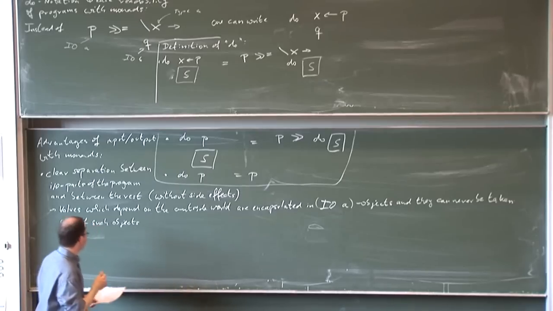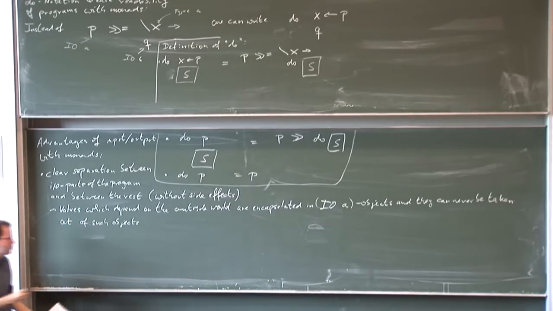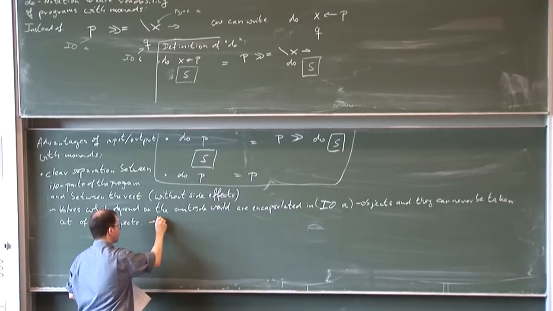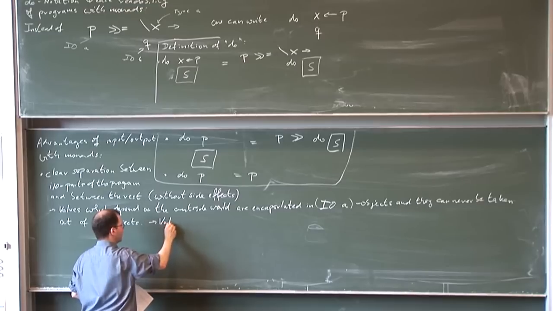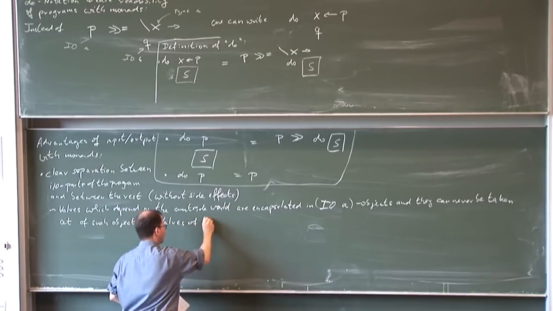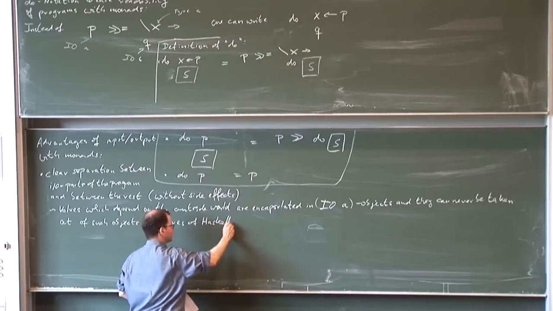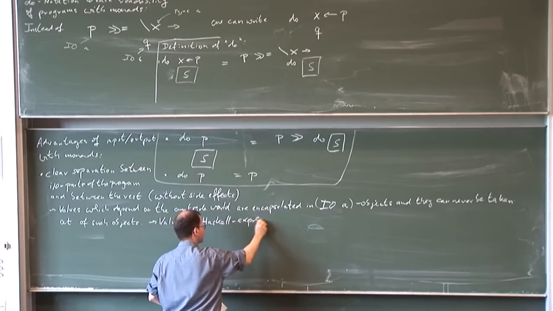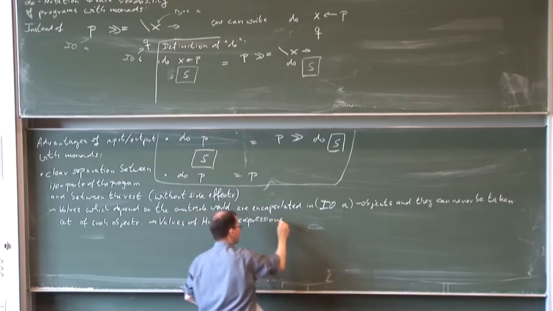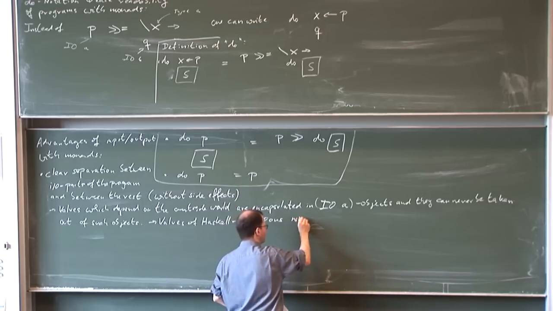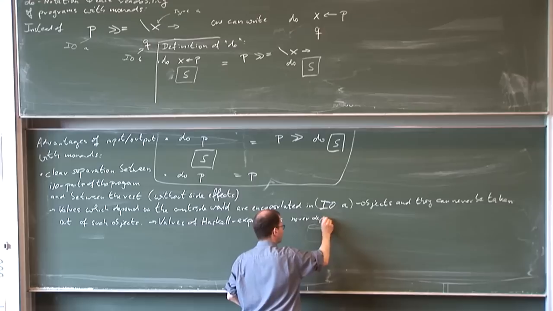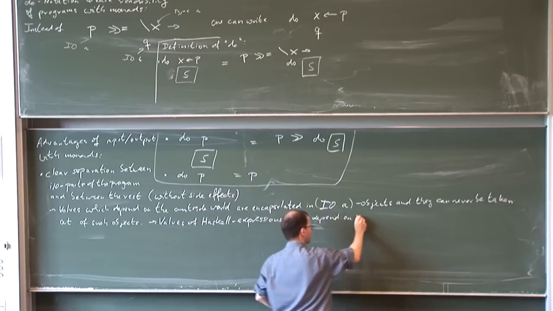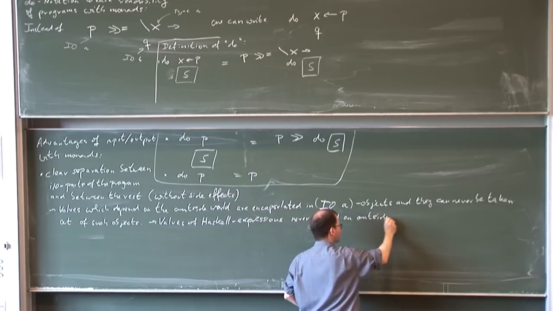I'll show you in a moment. So in other words, the values of Haskell expressions are always the same. They never depend on the outside world. So in other words, we still have referential transparency.